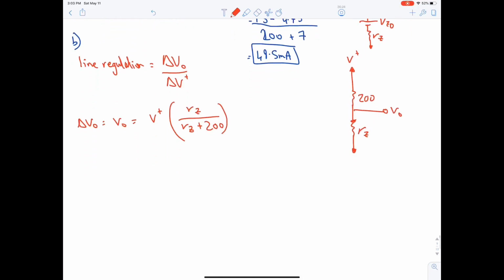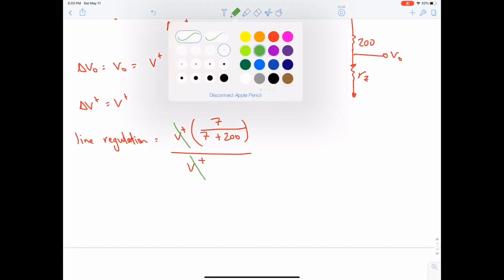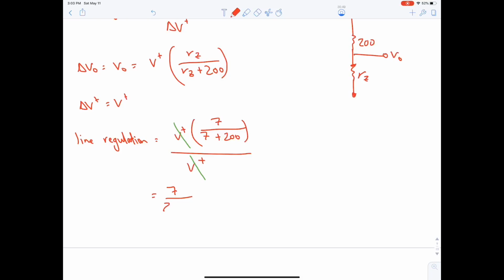Okay, and delta V plus is equal to V plus, hence the line regulation is equal to V plus times 7 over 7 plus 200, divided by V plus. V plus and V plus cancel each other out, and you're left with 7 over 7 plus 200, which is equal to 33.8 millivolt over volt. Okay, this is the line regulation.